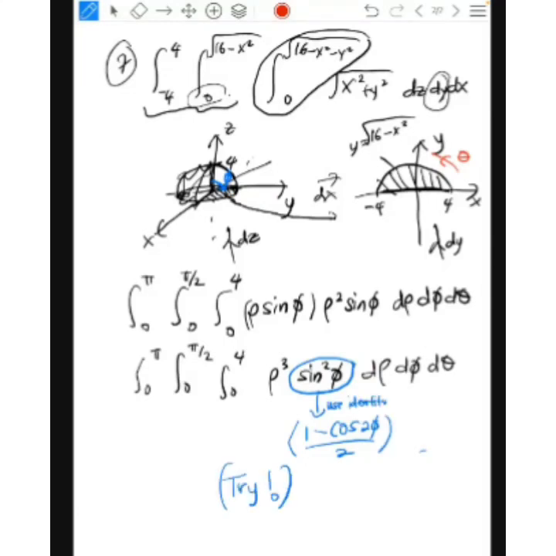Question number 8. Use spherical coordinates to evaluate the integral of x squared plus y squared plus z squared dV, where the region is a solid hemisphere, z greater than or equal to 0.